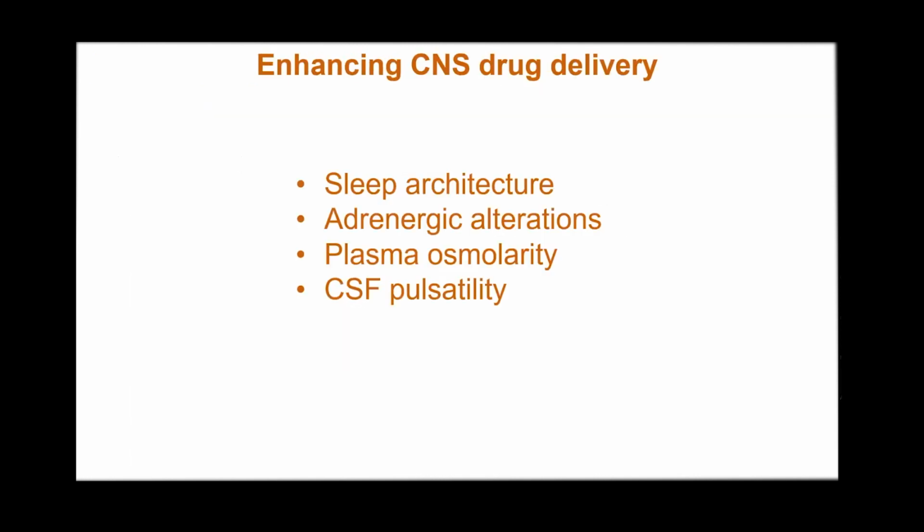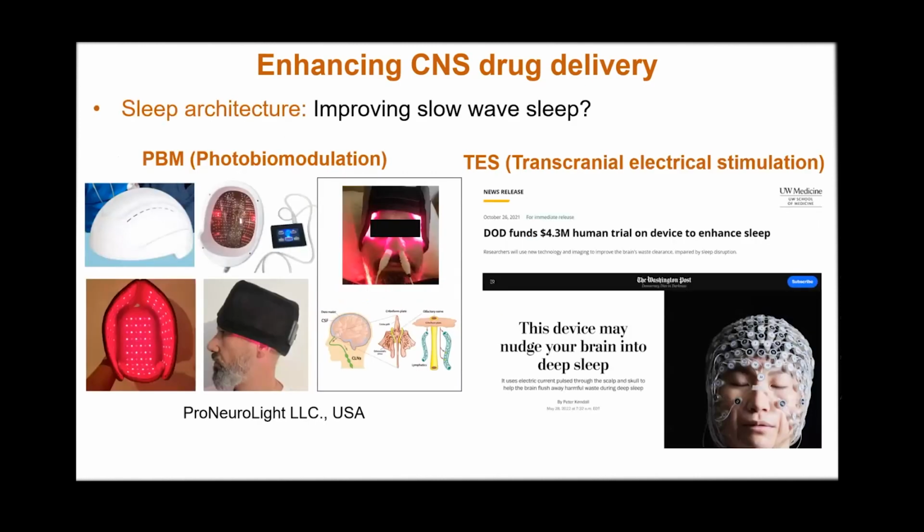Some of the parameters of the lymphatic system which have been explored in terms of enhancing the drug delivery to the brain have been extensively studied in rodents, but can we use the same in humans? They can be. These are some of the paradigms which are currently investigated and which have been shown to play a role in enhancing slow wave sleep.